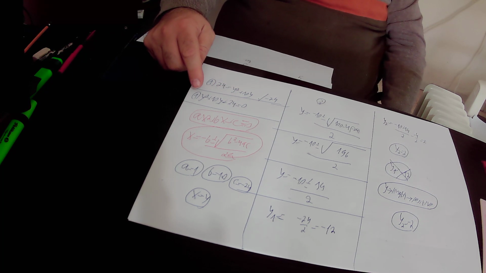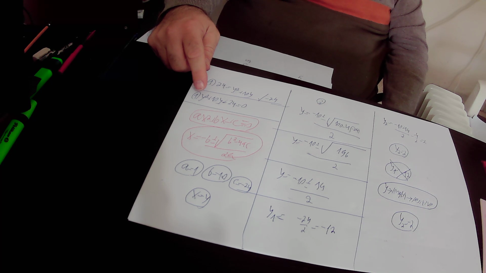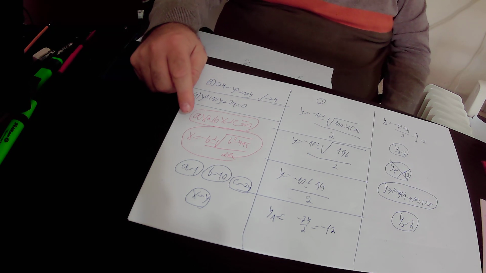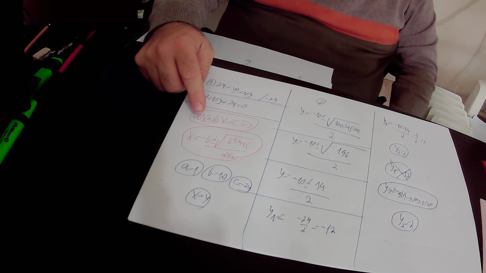The general formula for a quadratic equation is ax squared plus bx plus c equals 0. Here a, b, and c are the coefficients of the quadratic equation, and x is the variable that we are looking for. And we will find the value of x according to the following formula: x equals minus b plus minus square root of b squared minus 4ac, over 2a.